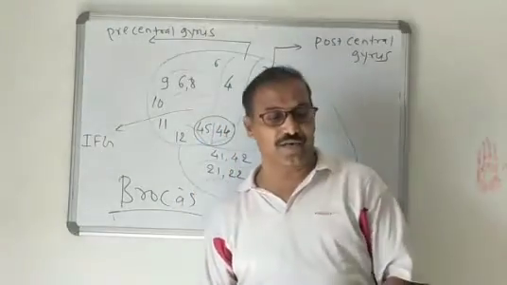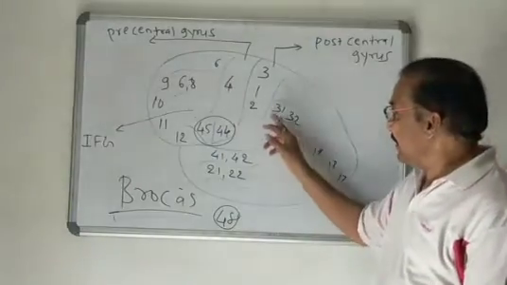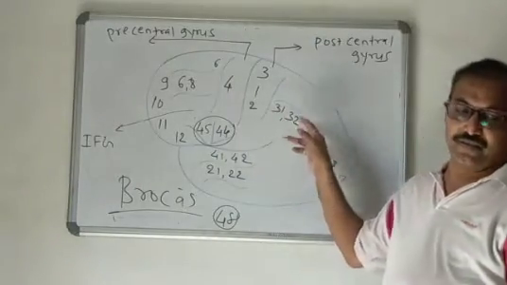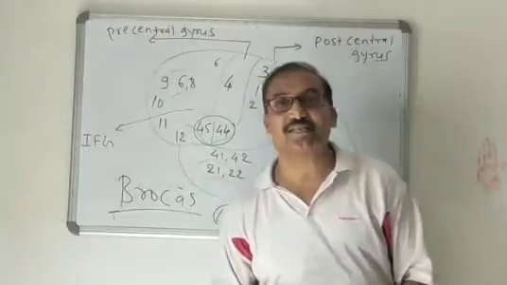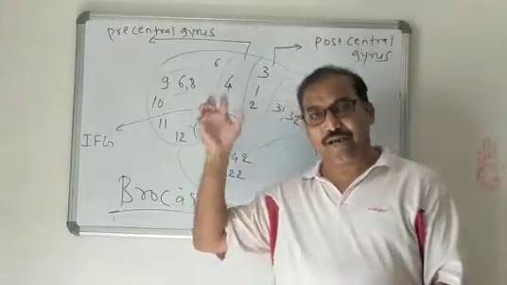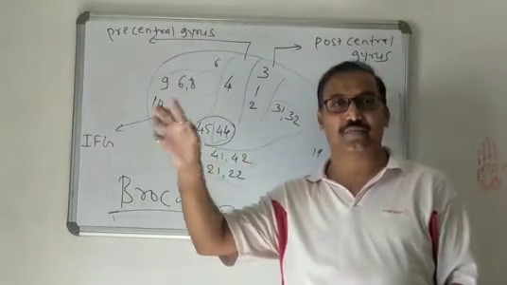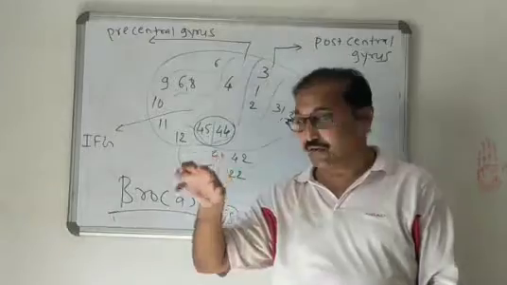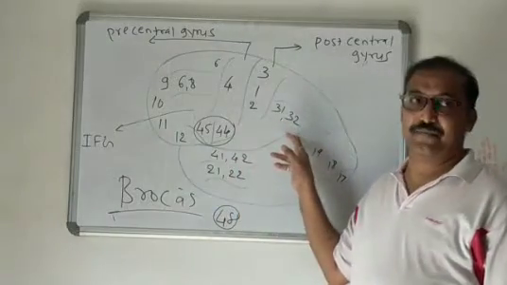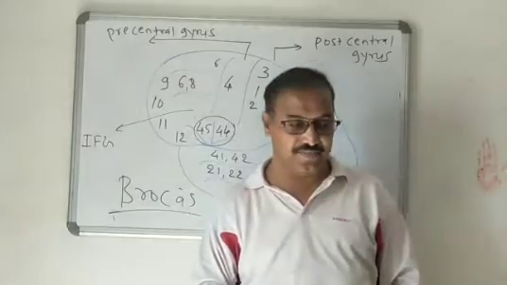That condition is called motor aphasia. If area number 31 and 32 get damaged, the condition developed is sensory aphasia. What is sensory aphasia? अगर कोई बात कर रहा है और वो सब्जेक्ट को कुछ भी समझ में नहीं आ रहा है, सामने वाला उससे क्या बात कर रहा है, बिकॉज उसका ये एरिया डैमेज हो गया. That condition is called sensory aphasia.